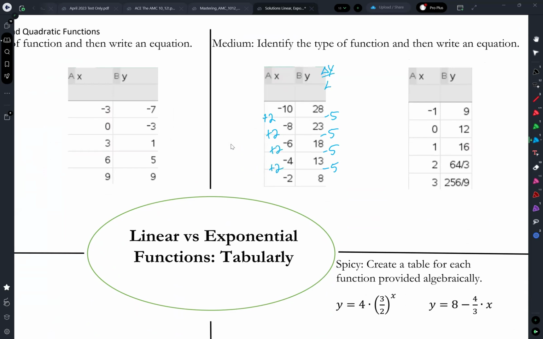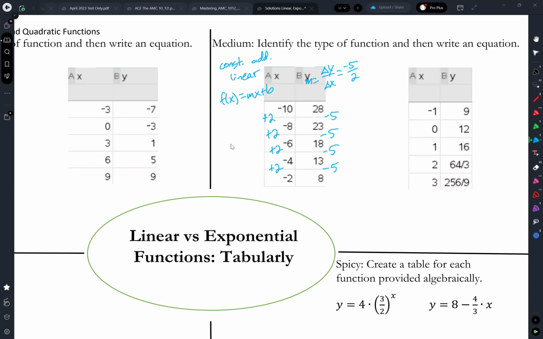Change in y divided by change in x, because it's additive. This is a linear function. Well, as soon as I know constant additive, I know this is linear. And so I write out that equation, f of x equals mx plus b. Just found my m by doing the change in y divided by change in x.